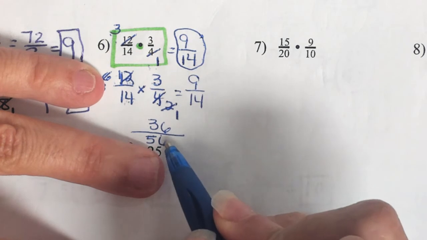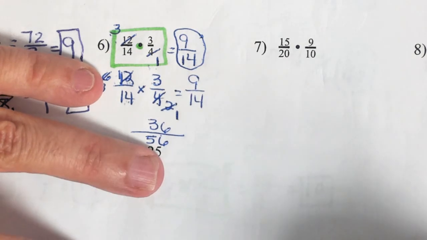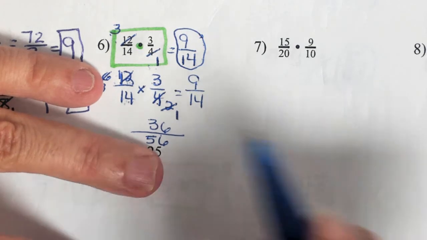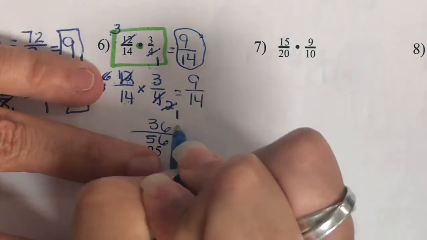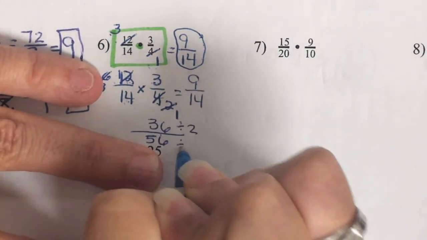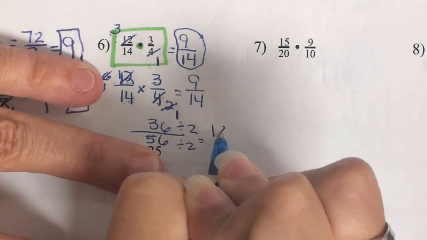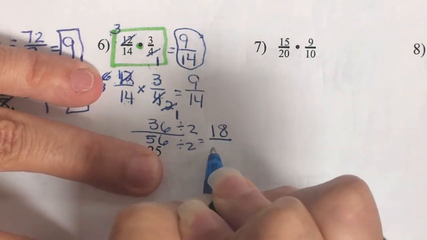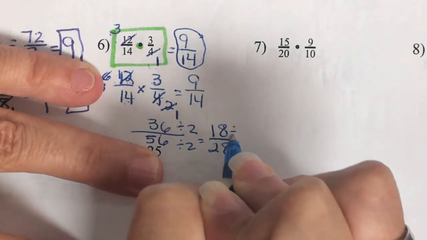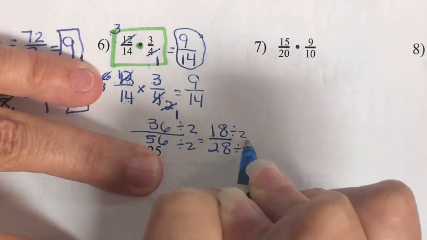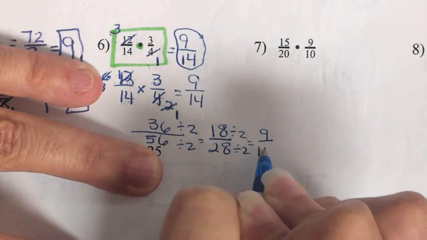Ah, that's what's wrong. 9 didn't go into 56. 9 times 6 is 54. That's why. You could divide by like, I would do 2 maybe, and get 18 28ths. Maybe do 2 again, and get 9 14ths.